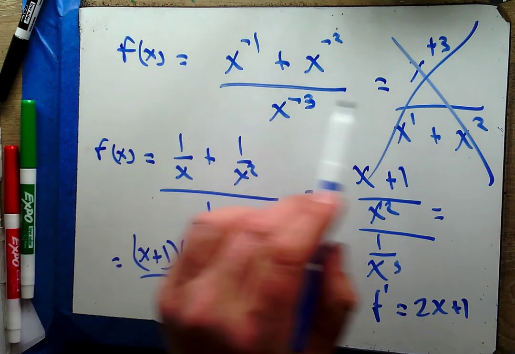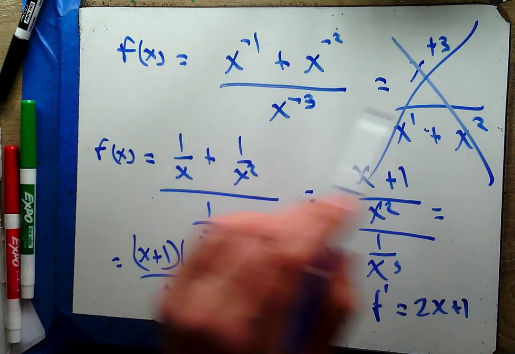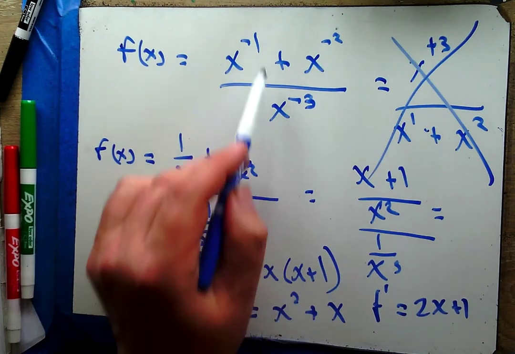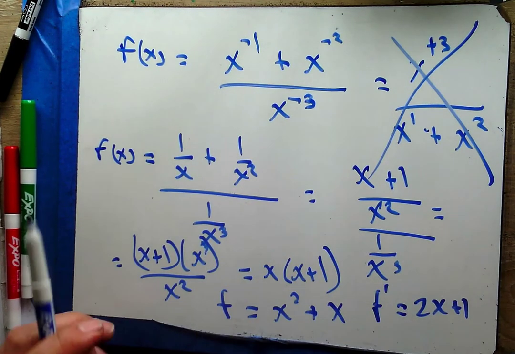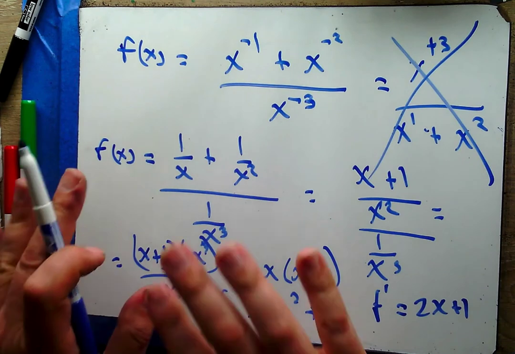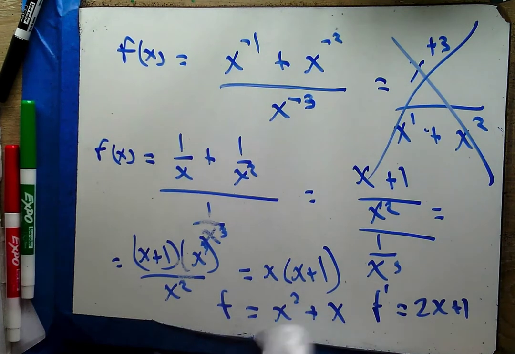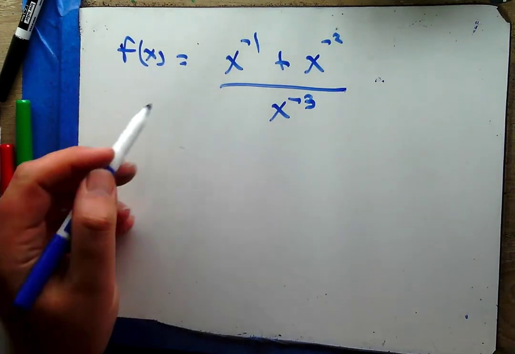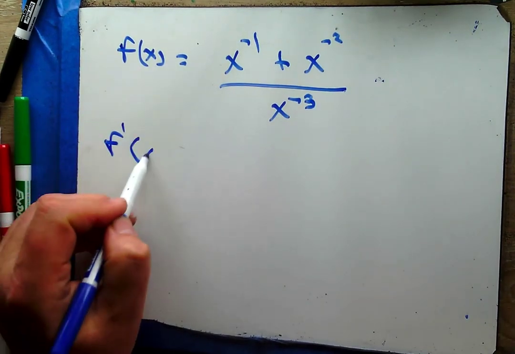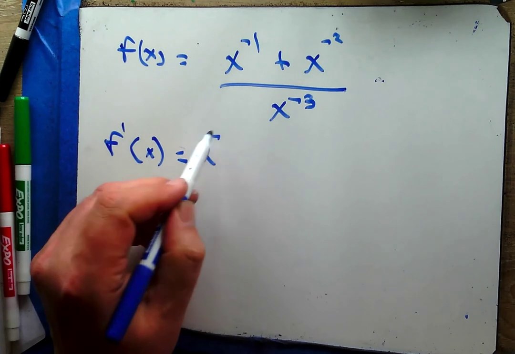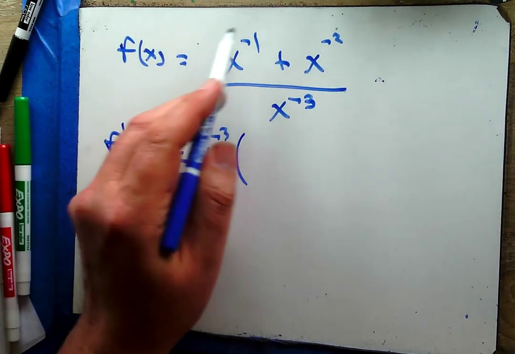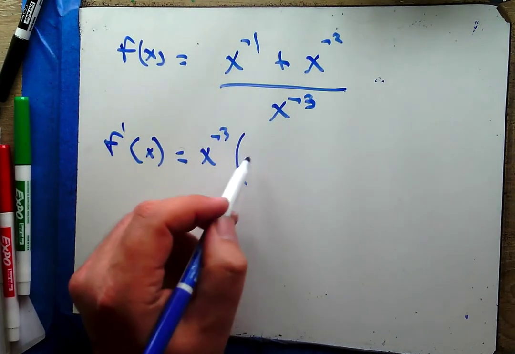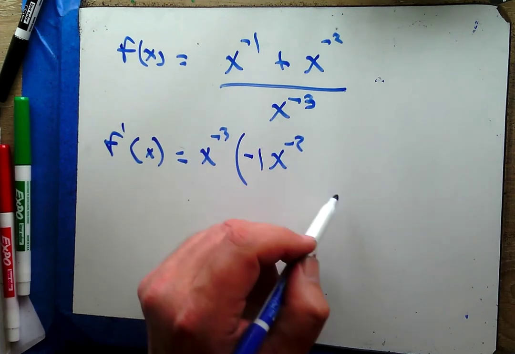But most students do something like this, where they just move this to the bottom and move that to the top, and that's wrong. So don't do that. You can do this if you want, or why not just use the quotient rule? So the quotient rule, remember, says low d high. The derivative of this, let's start here, is negative 1x to the minus 2.